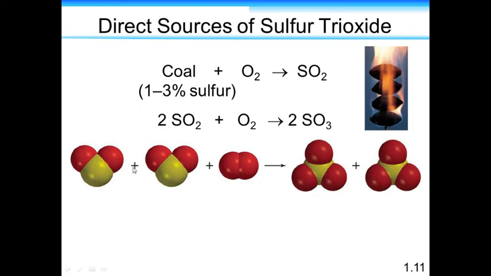Here we have the space-filling model of that reaction: 2 SO2 molecules and 1 O2 molecule forming 2 SO3 molecules. We can see we have 6 red spheres on our reactants representing oxygen atoms, and we have 6 on our product. So this is a balanced equation.